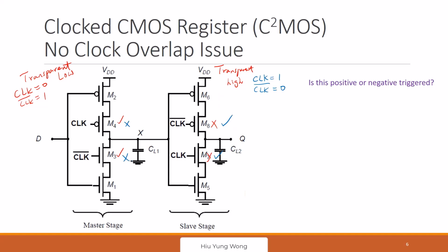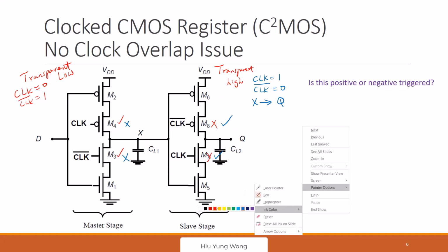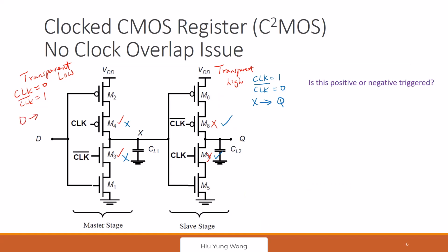So at this time, X is copied to Q. And for this one, at this time, D is copied to X. So from the overview, you see that when the clock is low, nothing happened because Q is still Q, D is not affecting Q. But suddenly when the clock becomes high, then X is copied to Q, then you have a feeling that it looks like this is a structure that when the clock goes from low to high, D is copied to Q, right? Is this clear?